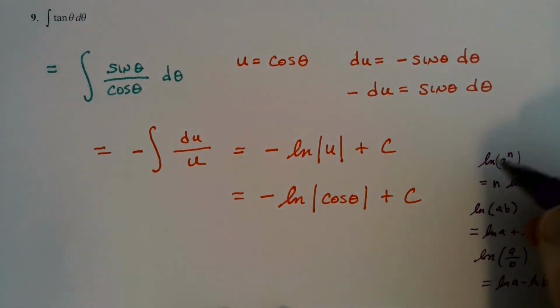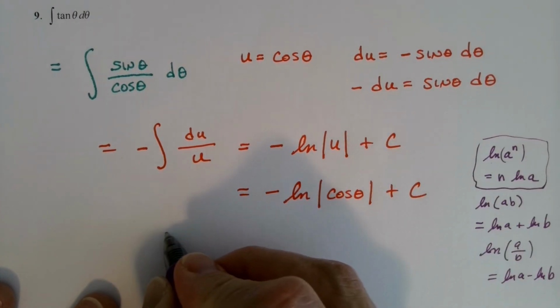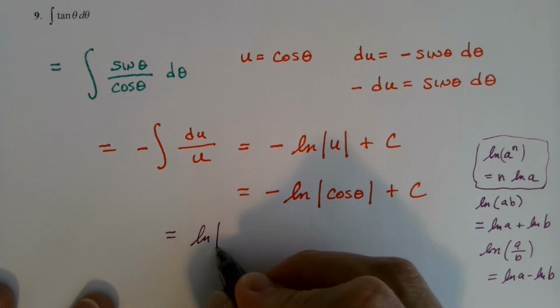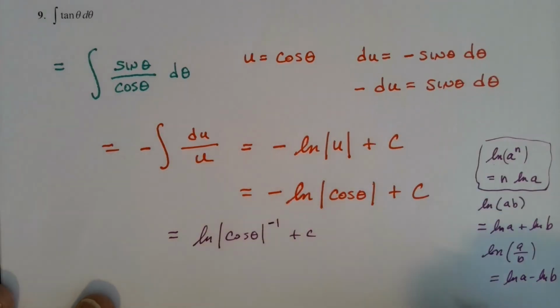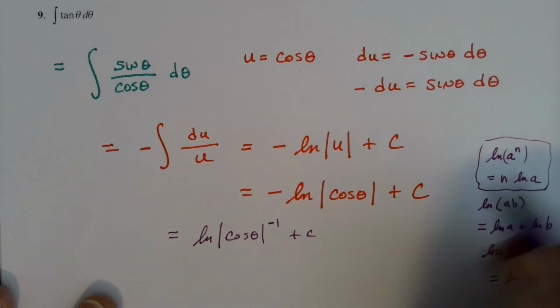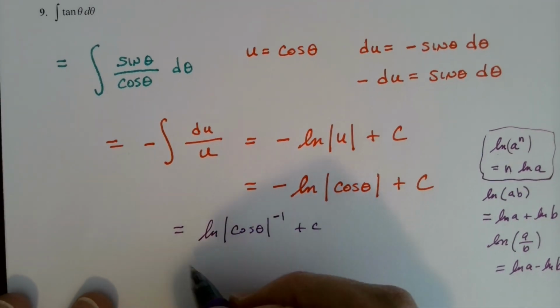But this is the one I'm going to make use of here. I'm going to write this as the natural log of the absolute value of cosine theta to the -1 power, because I can bring the power up. That's what I've done. This is a -1. And what is the reciprocal of the cosine?